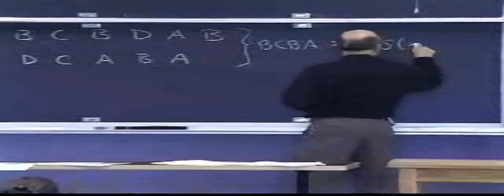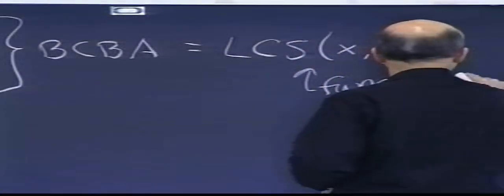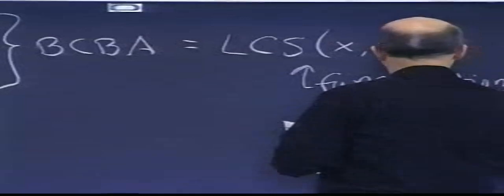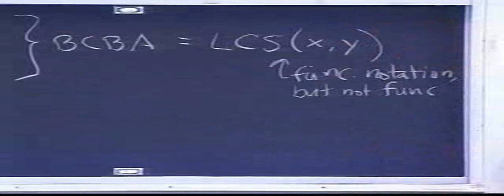We'll use the notation that that's the LCS of x and y. And once again, although this is a functional notation, it's not a function. So when we say it equals that, we mean it is a longest common subsequence. We don't mean it's the longest.